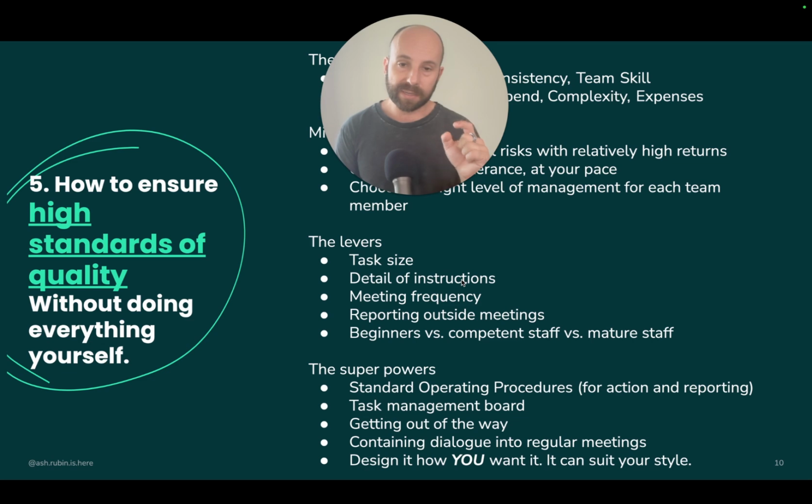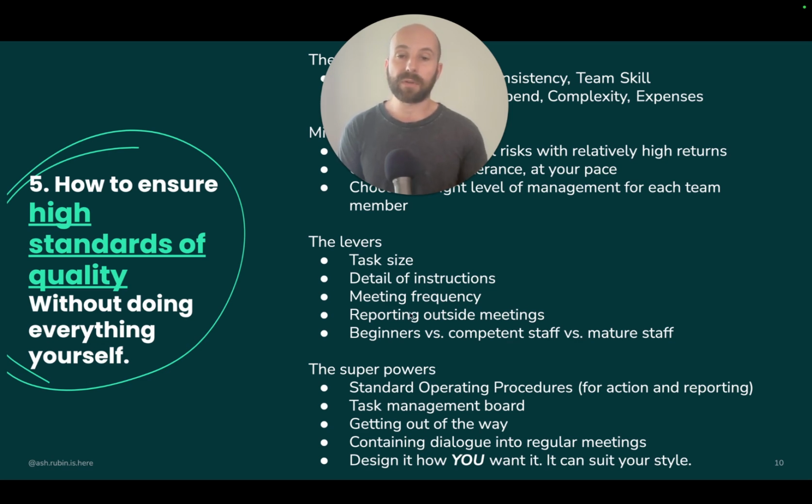The way that I decide is I ask myself, is this staff member a beginner, a competent staff member, or a mature staff member? A beginner has very low skill. We give them very small tasks. We give very detailed instructions. We meet with them very frequently, maybe every day or maybe once a week.